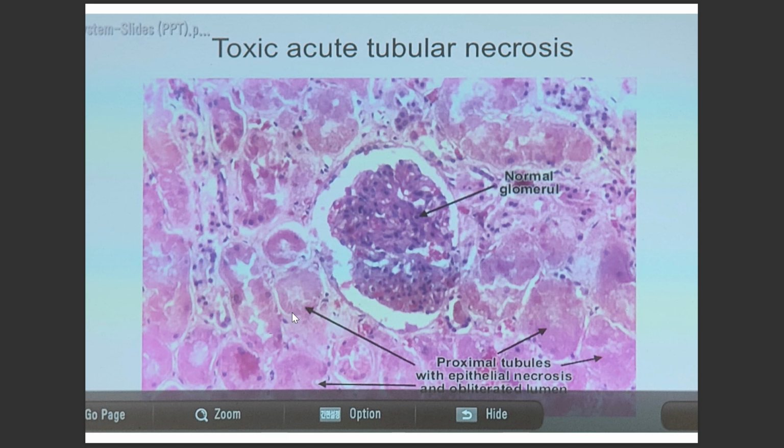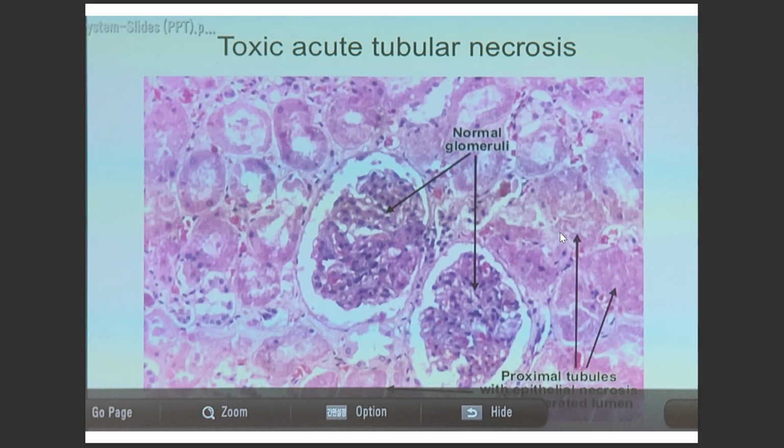This indicates that necrosis occurs in the proximal tubules, and we see that the glomeruli are normal. So this is a slide of kidney, and here toxic acute tubular necrosis has occurred.